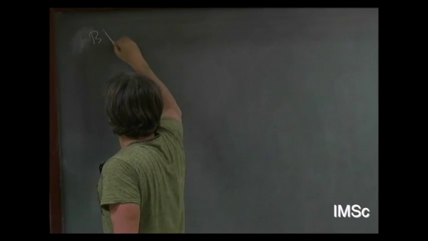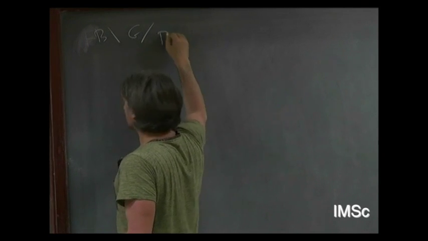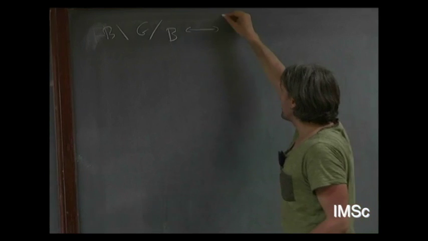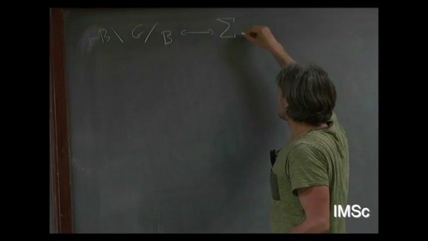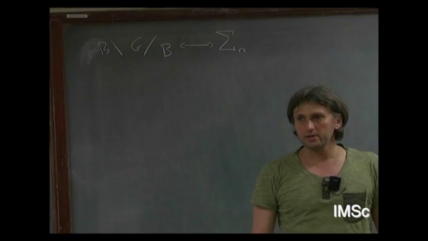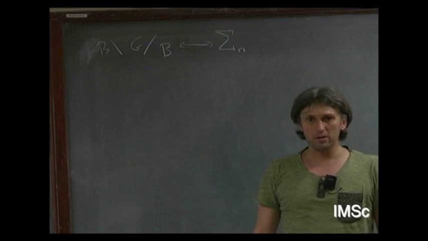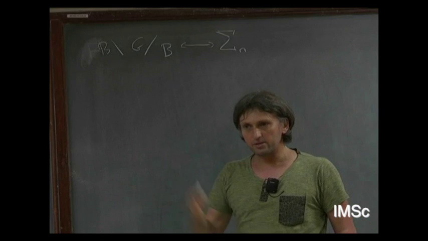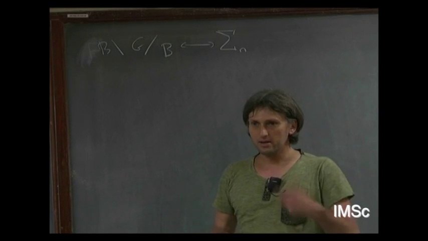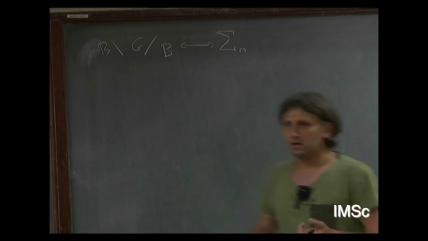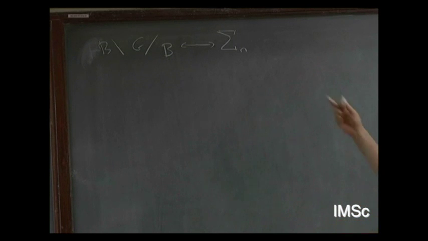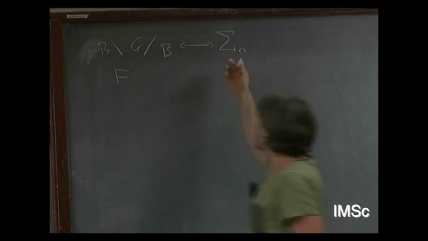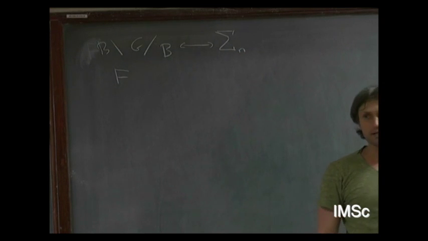So this is in bijection with the symmetric group of order n. It's always like this. Double cosets for upper triangular matrices are enumerated by permutations. So we get a vector space F, which has the size of the symmetric group, and it's an algebra.